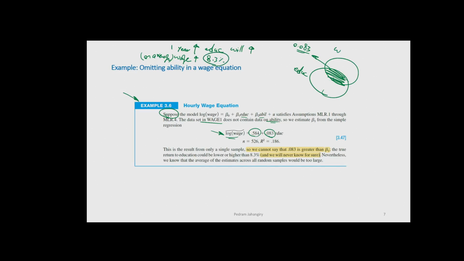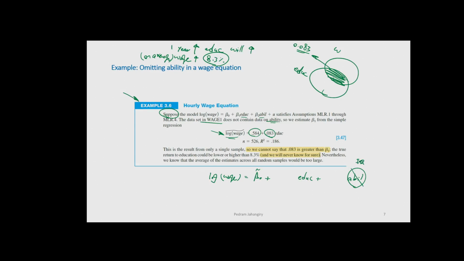The whole idea is that this 8.3% has a positive bias. On average, this number is large because it contains the effect of ability in itself as well. If I were able to put ability in the model, so if somehow we were able to use a proxy variable, let's say instead of ability, I use IQ.